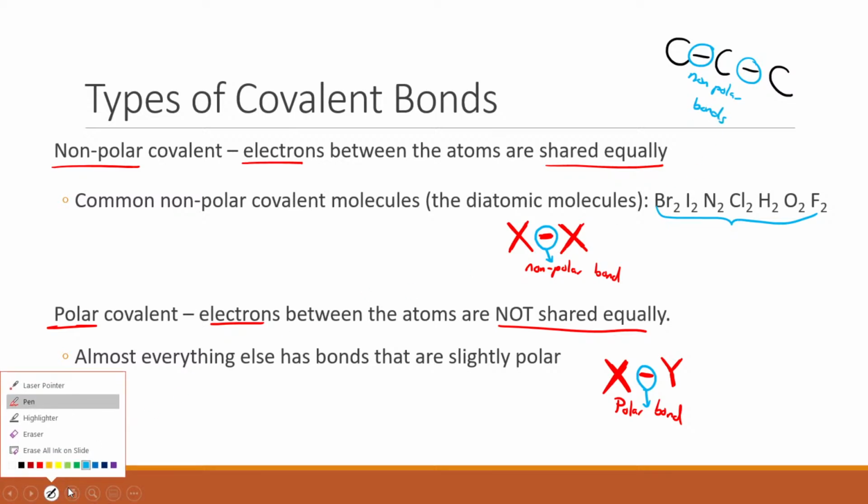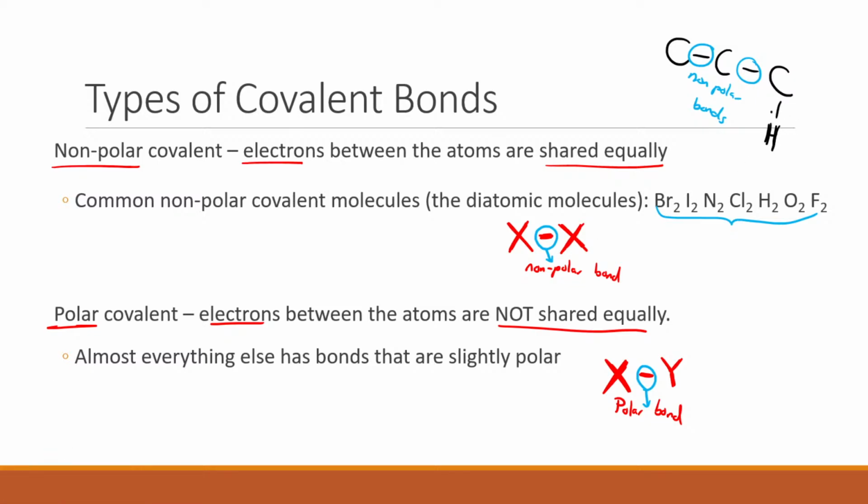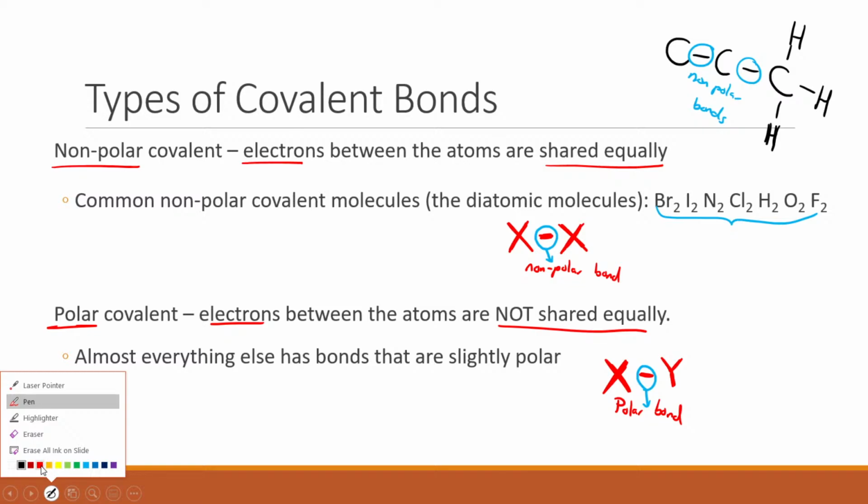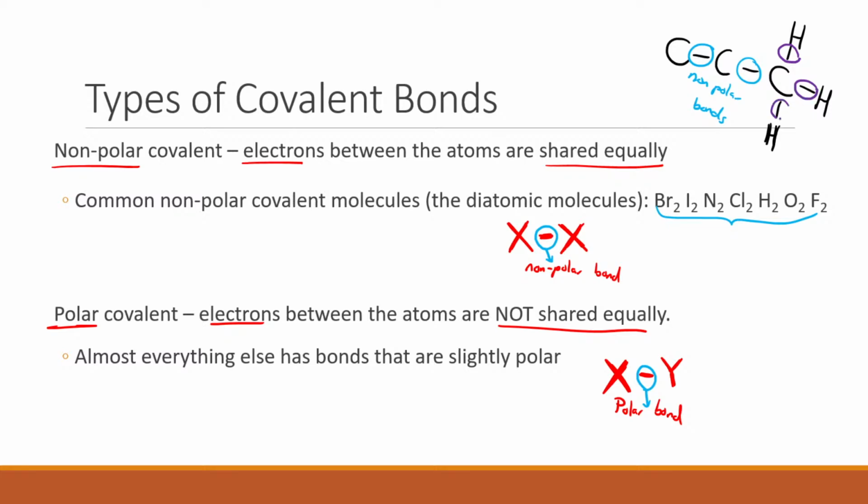But once you add in something else, right, what happens if this connects to H's at the end here? These, because it is not a C connected to another C or an H connected to another H, are polar bonds.